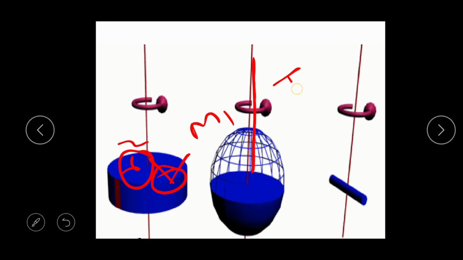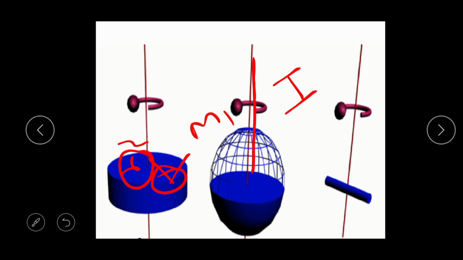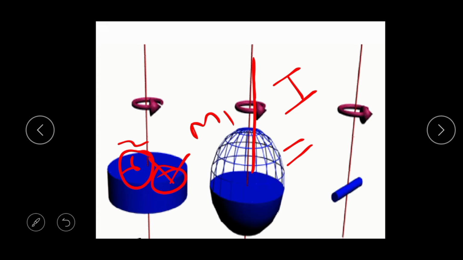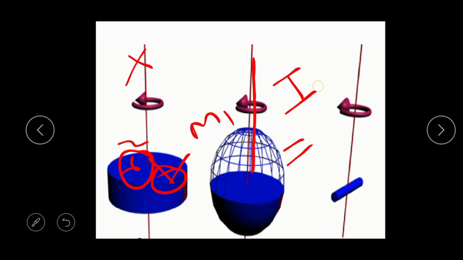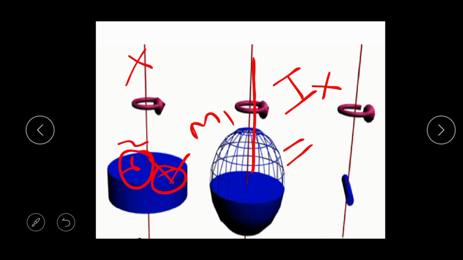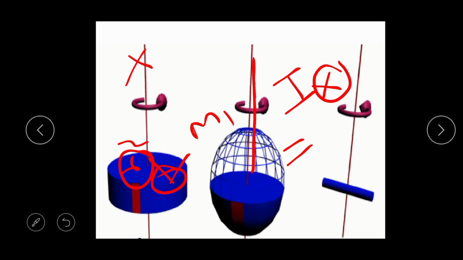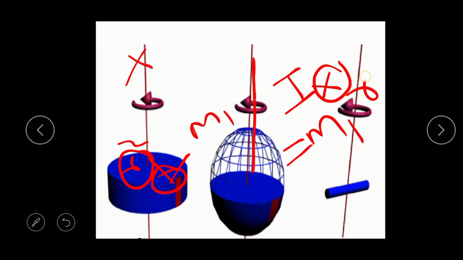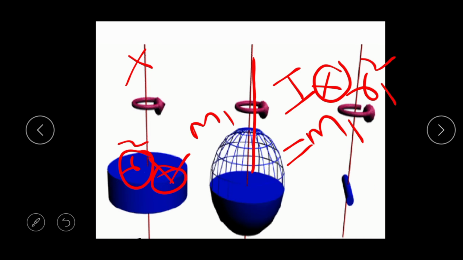Moment of inertia is indicated by the symbol I. So I about the axis x, always we write the moment of inertia in this symbol. Here the symbol for moment of inertia is I, and the axis x is written as the subscript, equal to m1 r1 square.